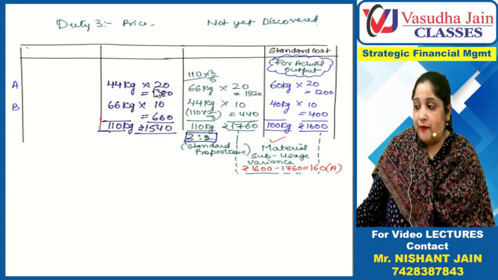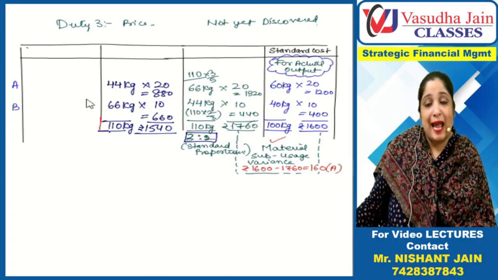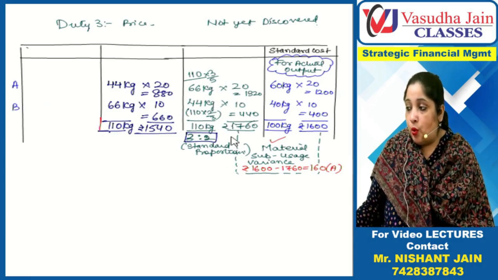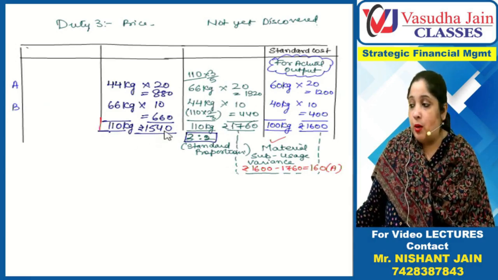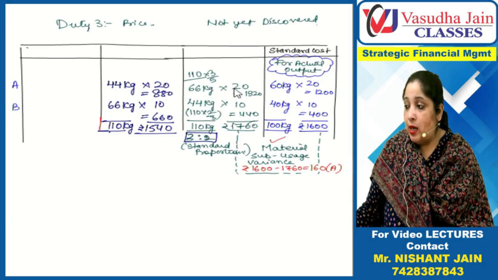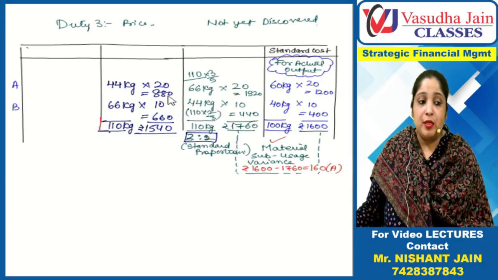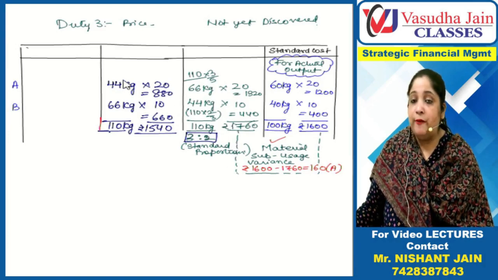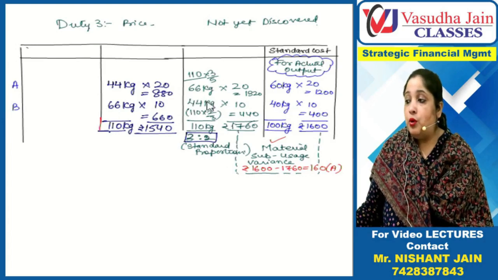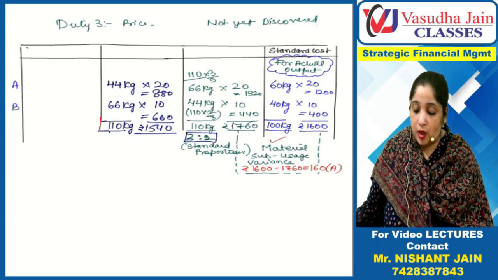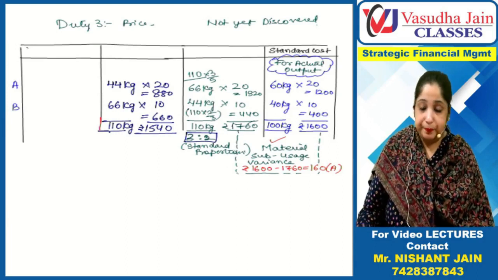When I move towards the left hand side, I am moving towards actuals. So why has the cost reduced in actual? Because the costlier raw material you have used less. You were supposed to use 66 kg and you used only 44 kg. And the cheaper raw material you have used more. So if you use expensive raw material less, definitely it will affect the cost, and your cost has reduced.